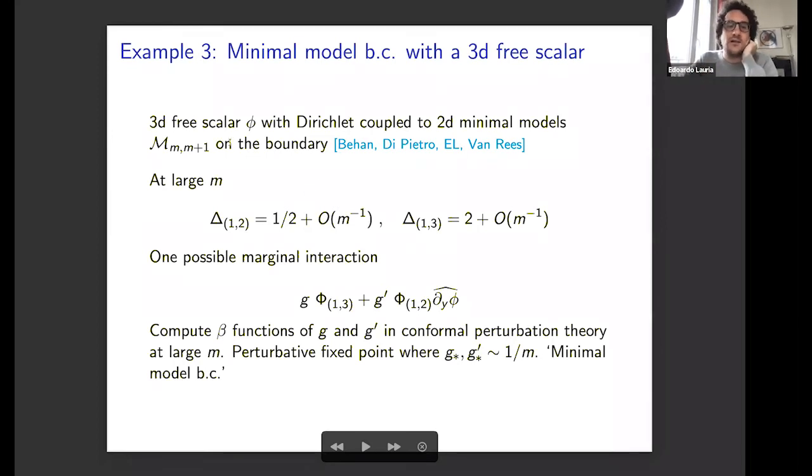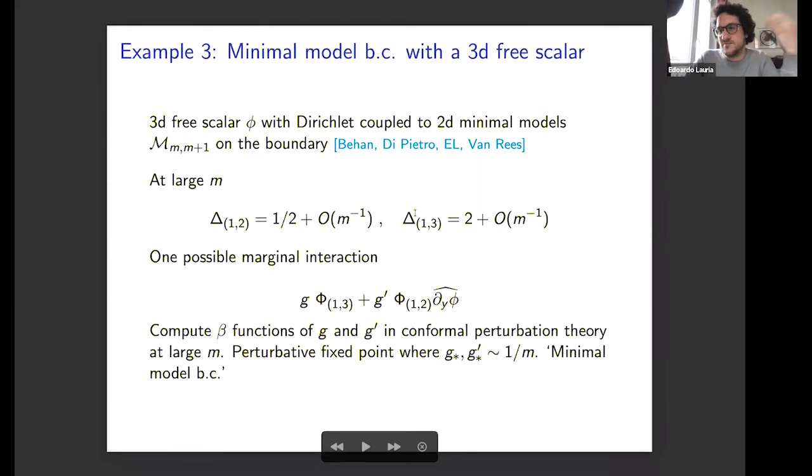How? Well, just take a 3D free scalar field with Dirichlet boundary conditions. Taking Dirichlet boundary conditions means that when you push phi to the boundary, there is a boundary mode that is ∂_y phi, and this ∂_y phi has dimension d over 2, so it has dimension 3/2 in this case. Now, there is a very natural thing you can do in 2 dimensions.